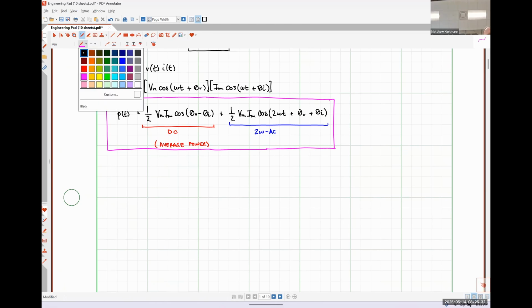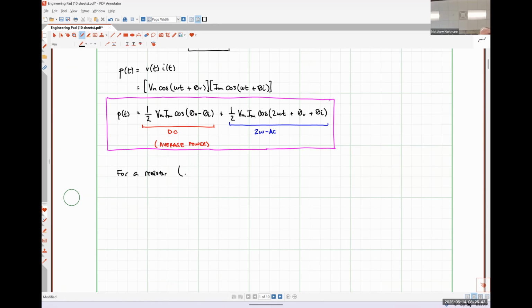So for a resistor, we know the following pieces of information, okay? We know that the magnitude of the voltage drop across the resistor is going to be equal to the magnitude of the current multiplied by the resistance.